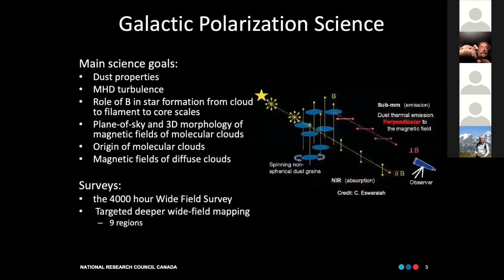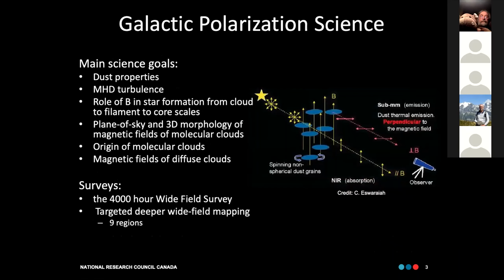In the galactic polarization science group, we aim to address a series of questions as well, including dust properties and examining dust models and identifying the most successful dust models, characterizing magnetohydrodynamic turbulence, and characterizing the role of magnetic fields in the star formation process from cloud to filament to core scales, and mapping the plane of sky as well as 3D magnetic field morphology of a number of molecular clouds.